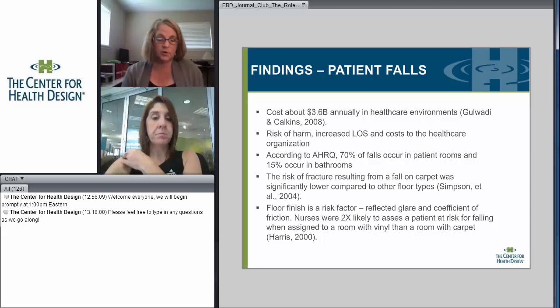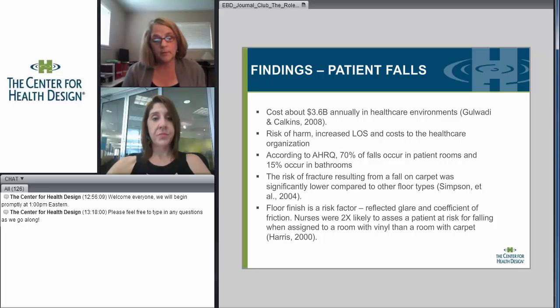So if you're looking at all those little nuggets, the little trail that you build, you can say, well, if you can create an environment that encourages social support or family presence, and those things have been shown to decrease length of stay and reduce the risk of falling.